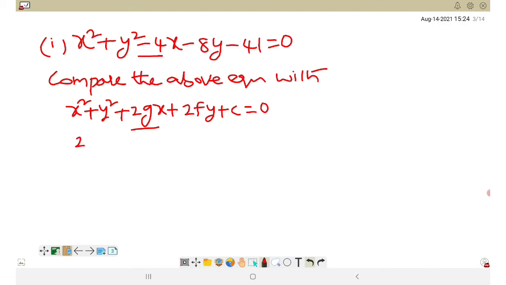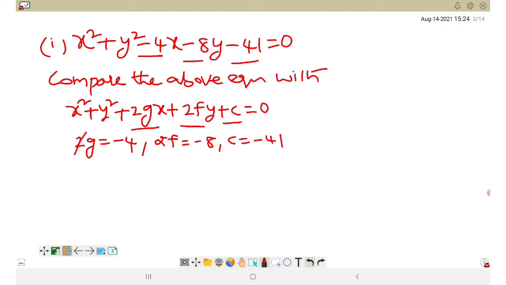So 2g is equal to minus 4. And the y coefficient is 2f, here the y coefficient is minus 8. So 2f is equal to minus 8, and c is equal to minus 41.